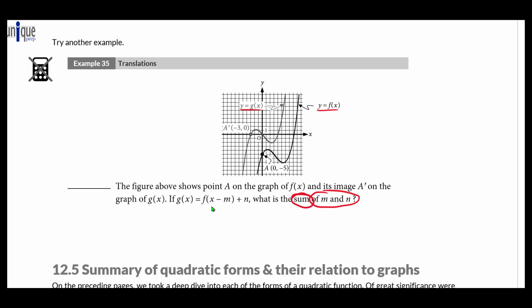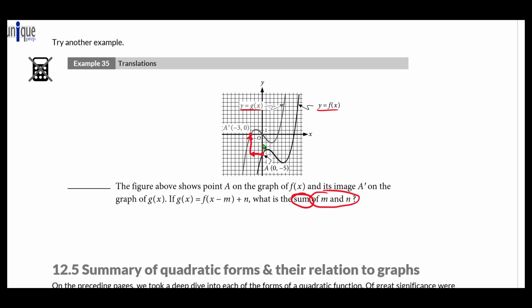Okay, so let's take a look at this. We've got g of x and we've got f of x. How are they related? Well, f of x has been shifted. So let's look at this point right here and this point right here. A has been shifted to get its image left 3 and up. How many is that?